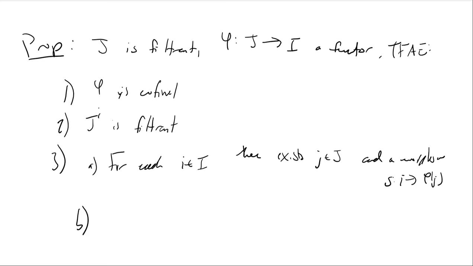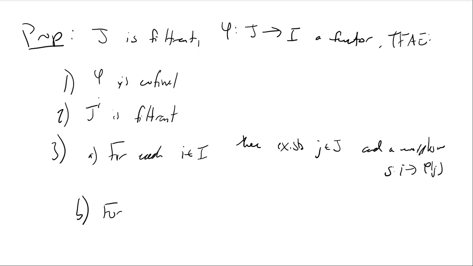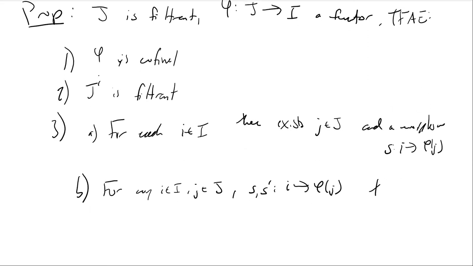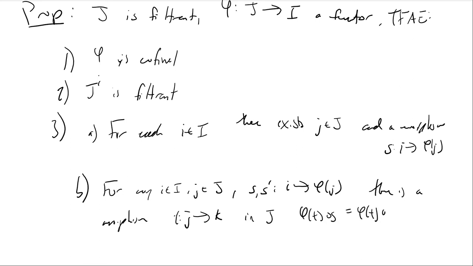And 3b: for any i and j, and any pair of parallel morphisms s and s prime from i to phi of j, there's a morphism t from j to k, for some k in J, with the property that phi of t following s is the same as phi of t following s prime.